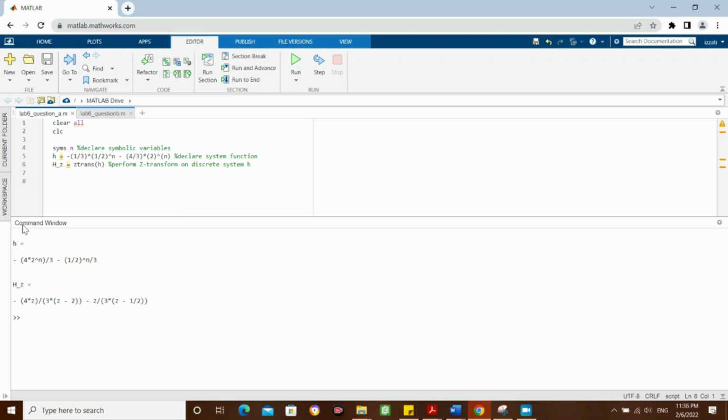After we run the simulation, the command window will show the Z transformation equation for system A: Hz = negative 4z over 3 bracket z minus 2, minus z over 3 bracket z minus 1/2. The Z transformation obtained from the simulation is the same as the one obtained from the calculation for system A.